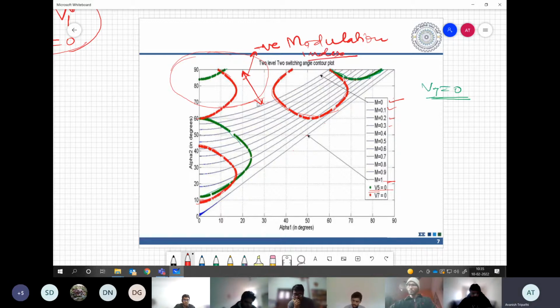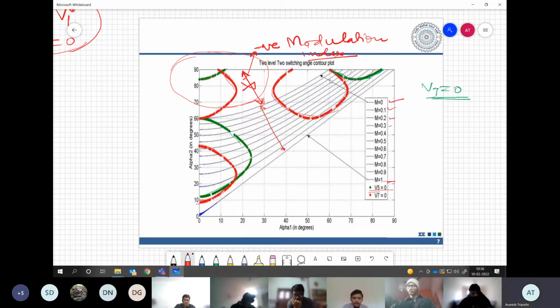Certainly when we are running our motor, we are not going to switch between the positive modulation index zone and negative modulation index zone. So we will ignore this part as well, which means all the solutions available on this part are of no use. Correct. We have to remain restricted only to this part of the graph.